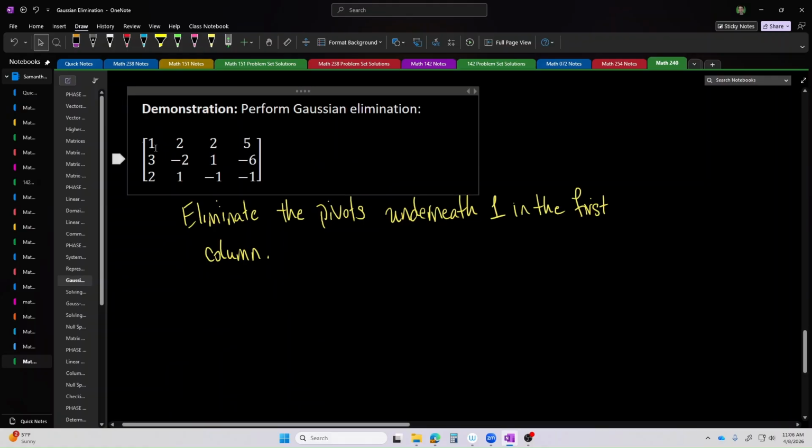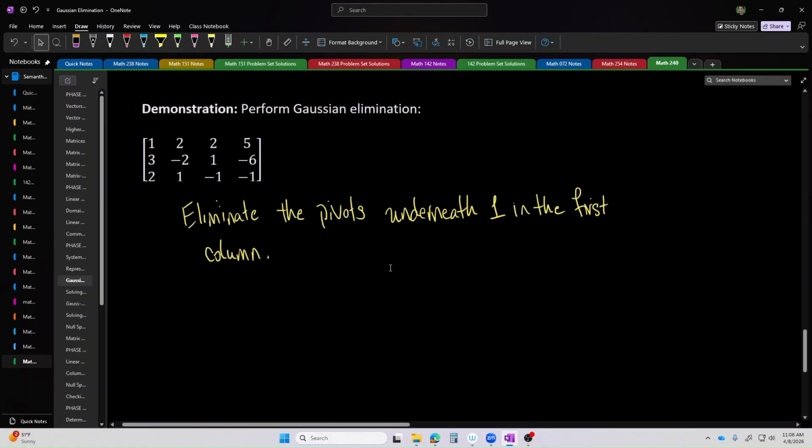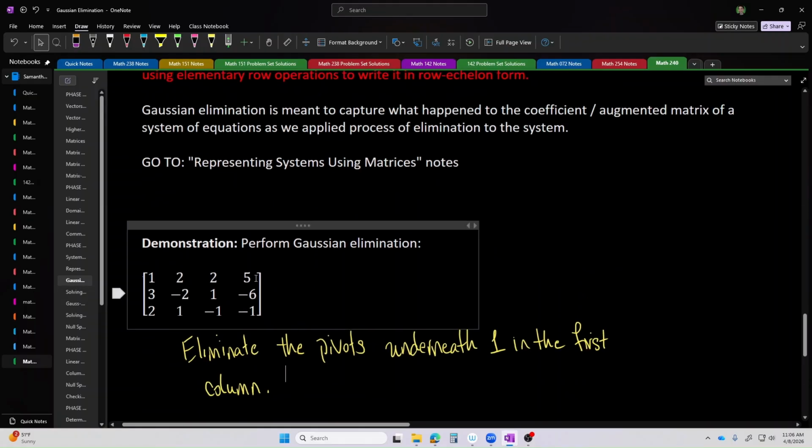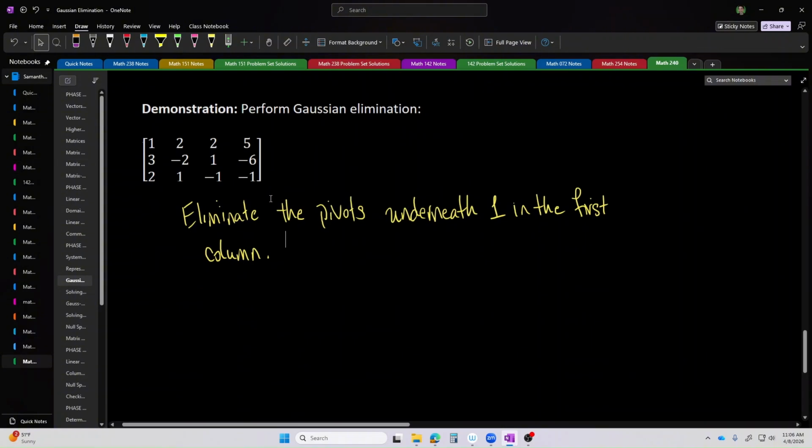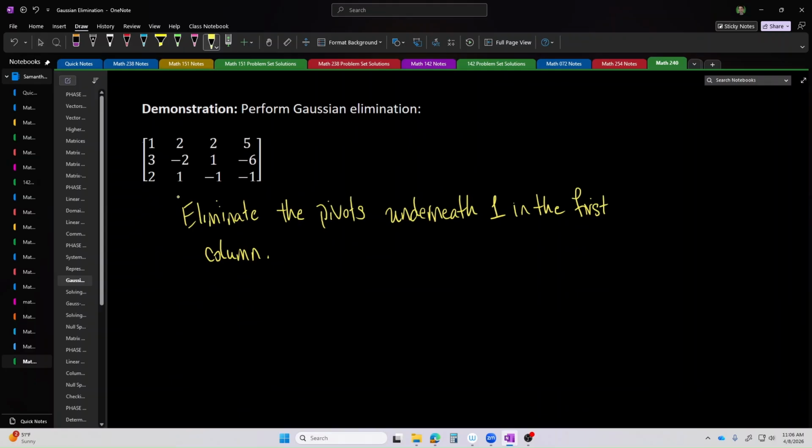So to that end, thinking about the actions that I have and the tools that I have at my disposal, I am permitted to scale rows, and I am permitted to swap rows, and I am permitted to add one row to another. So what I'm going to do is I'm going to scale the first row, and I'm going to add a scaled copy of the first row into row number 2 with the objective of eliminating this 3.